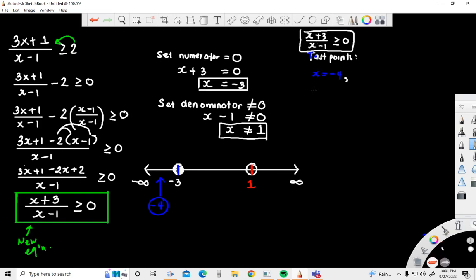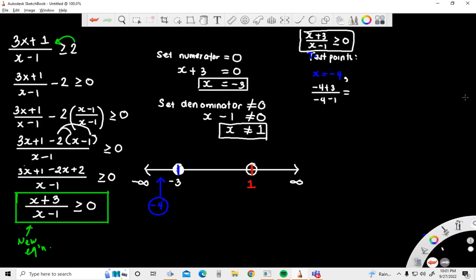So, meron tayong negative 4 plus 3 all over negative 4 minus 1. Alamin lang natin kung ano ang kalalabasan niyang sign. Kapag sinimplify natin ang negative 4 plus 3, that is a negative result.